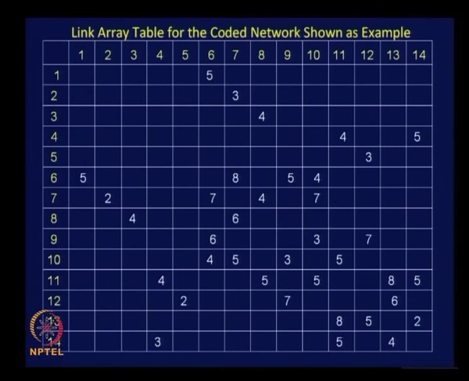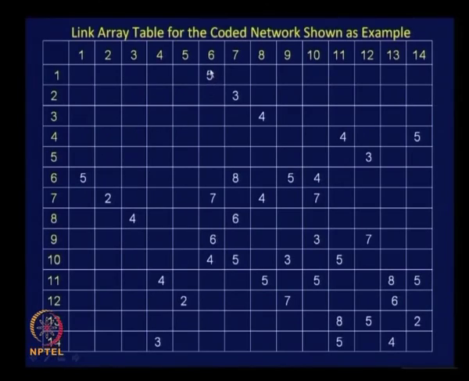So when you have a number, the first inference is that there is a connection between nodes 1 and 6. There is a link named 1 6 or 6 1. There is a link connecting 1 and 6, that is the first inference. Second inference is this number actually means the link travel impedance.